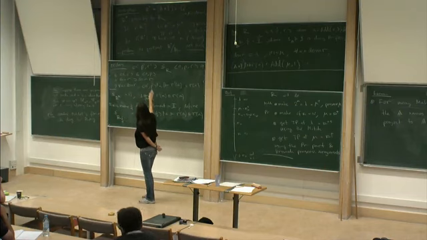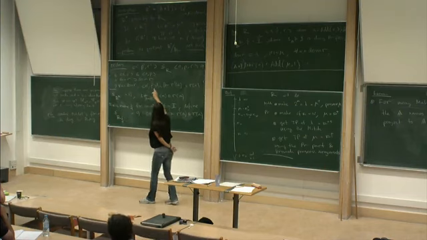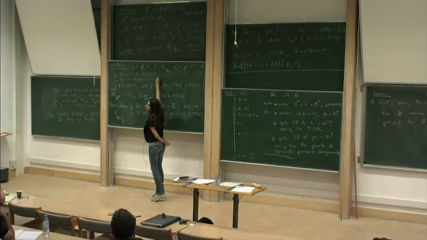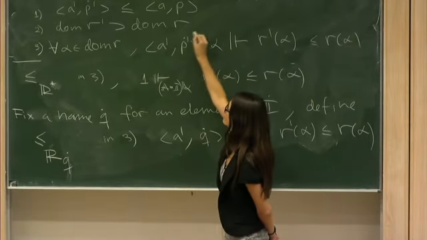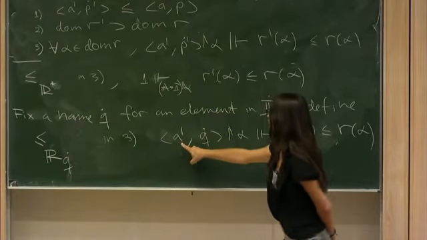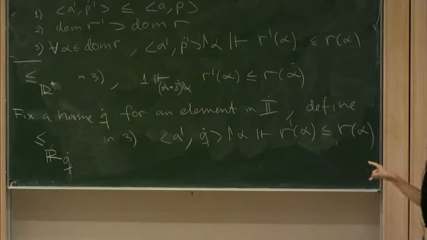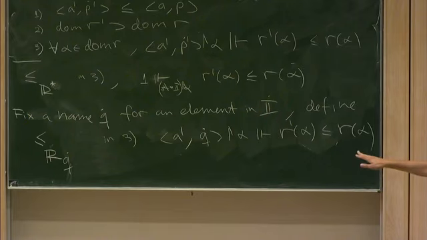A prime, P prime, R prime is stronger than A P R if this holds, and for every alpha in the domain of R, A prime Q dot restricted to R forces this. So also you require the P and P prime stronger than this Q. Well, yes, you can.